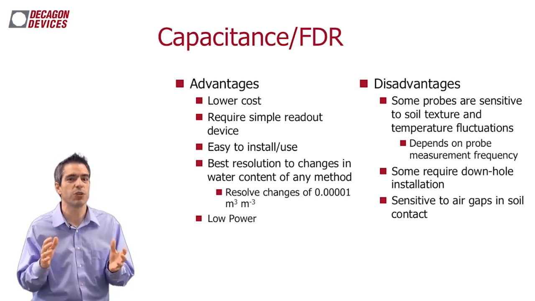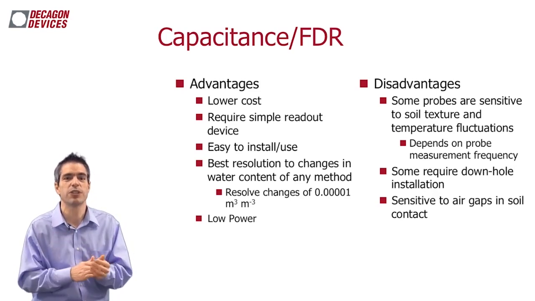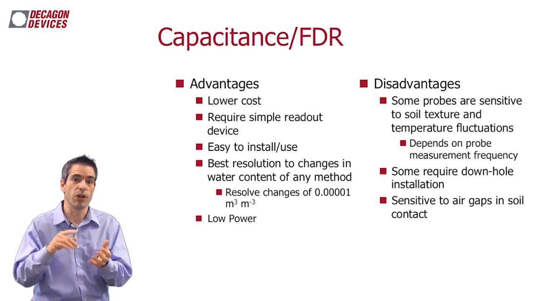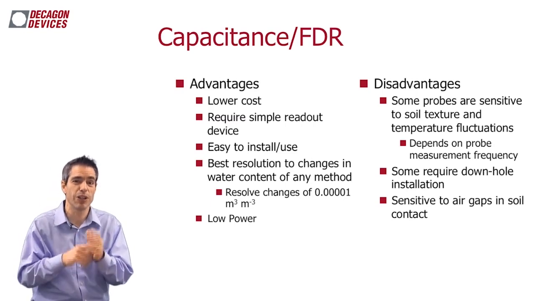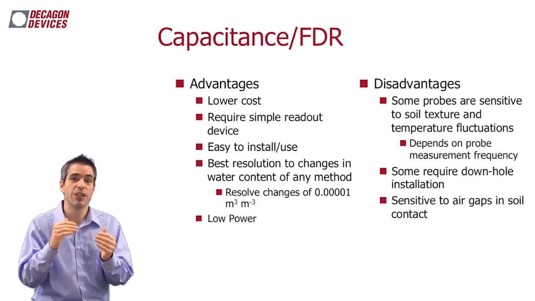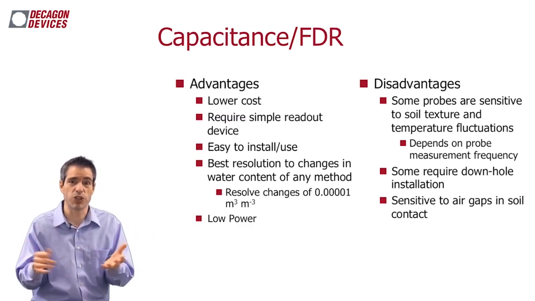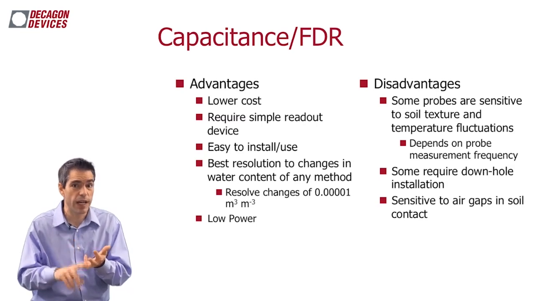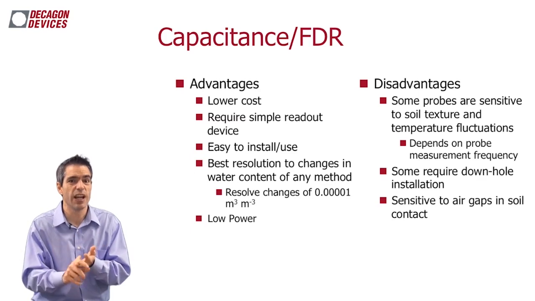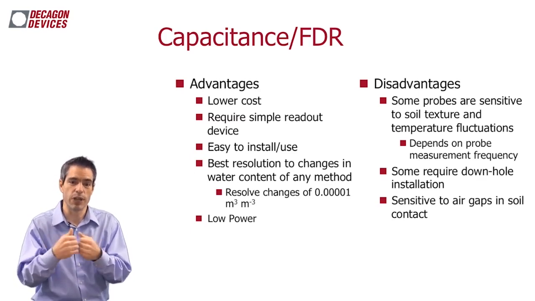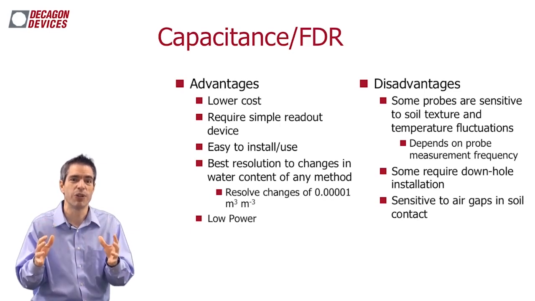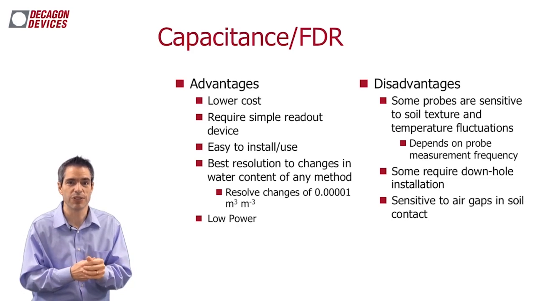Well, it wasn't quite so easy, because these measurements they were making were turning on and off that electromagnetic field so slowly that other things were storing the charge, not only the water. You can imagine that salts in the soil would store that charge, and of course charged surfaces on the soil, the way they interact with water, would also change the charge storage measured by some of these instruments.